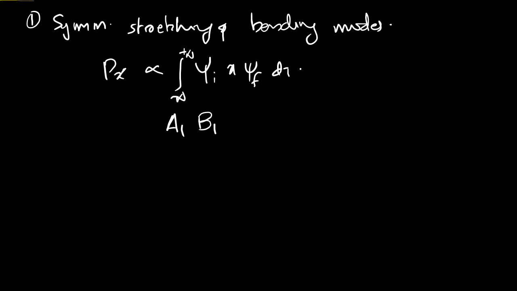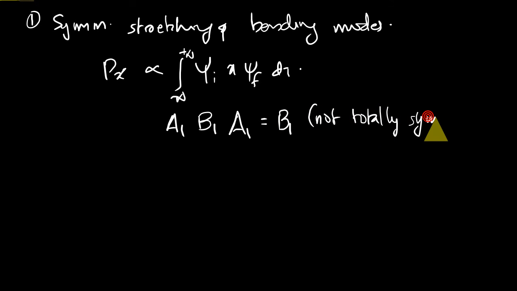So A1 B1 A1 is equal to B1. And B1 is not totally symmetric.